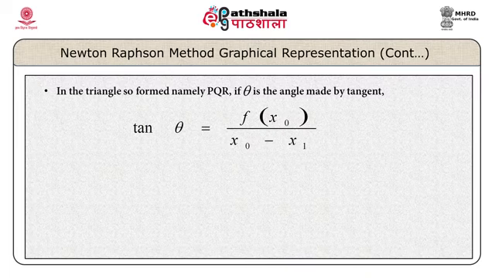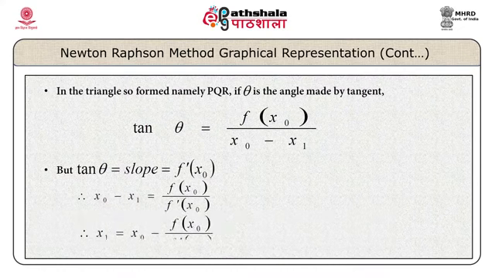The perpendicular length is the value of the function at the point x0, so it is f(x0), and the base is the difference in the x coordinate values, that is the length PR, which is given by x0 minus x1. So, the formula is tan theta equals f(x0) upon x0 minus x1.